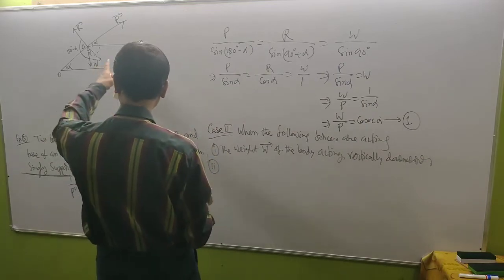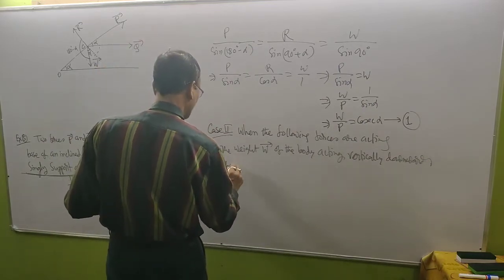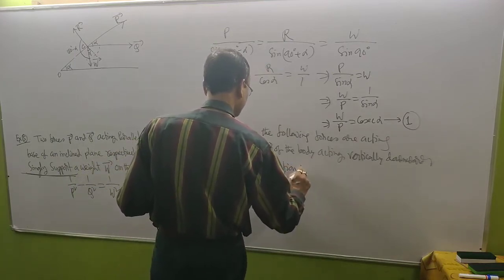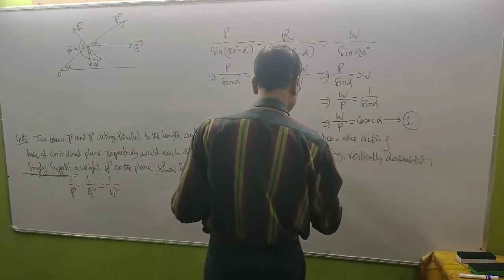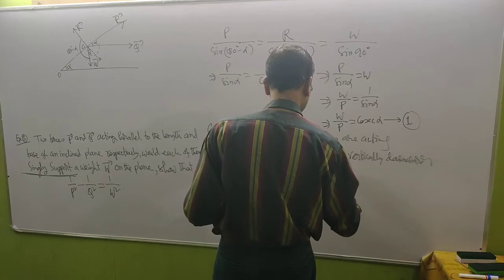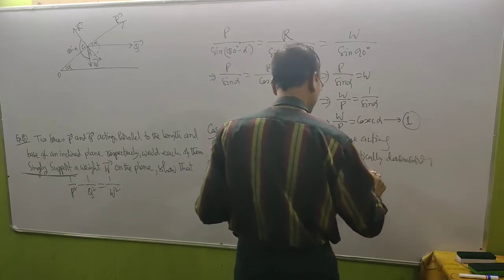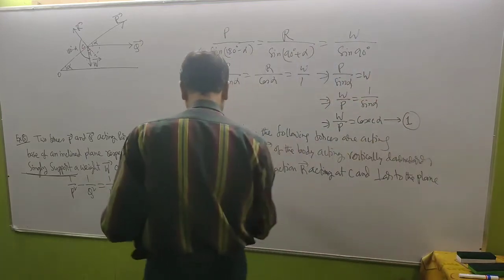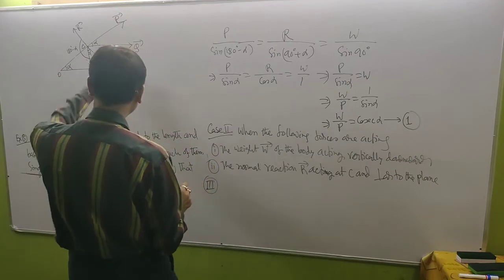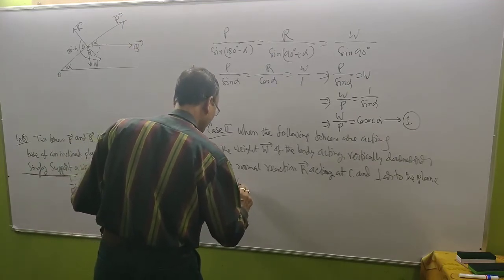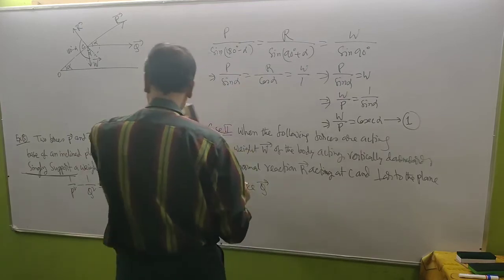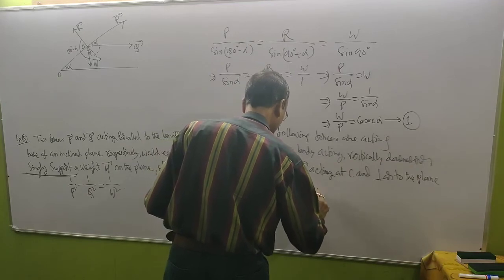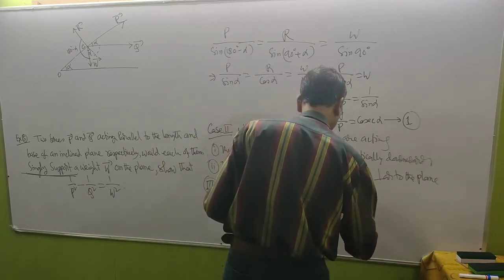Number 2, the normal reaction R acting at C and perpendicular to the plane. And number 3, the force Q parallel to the horizon.